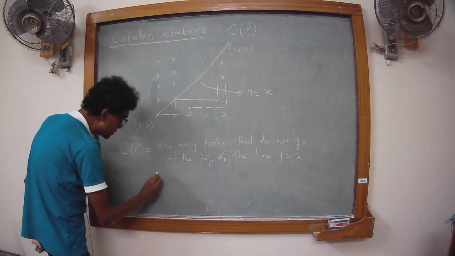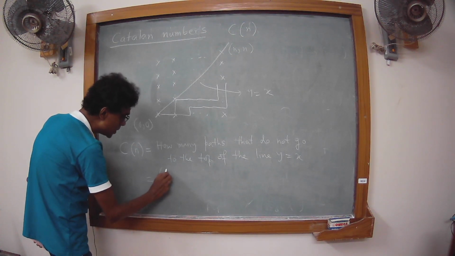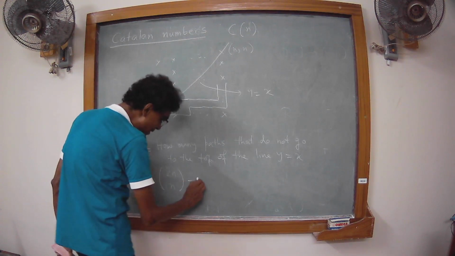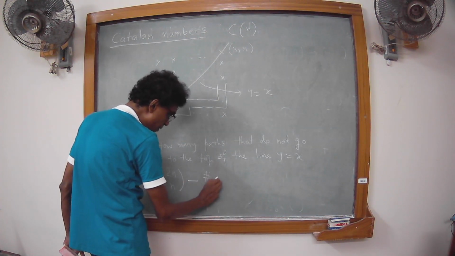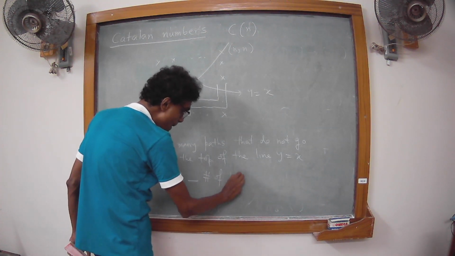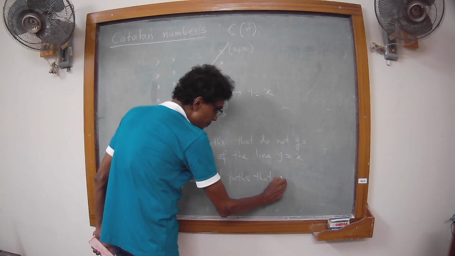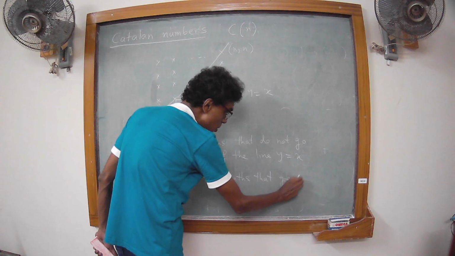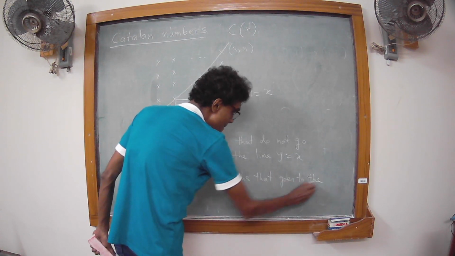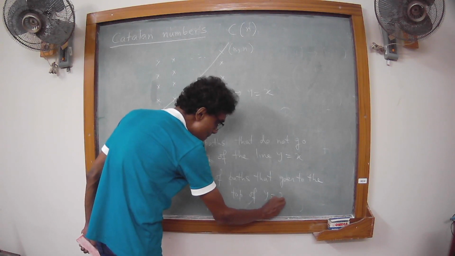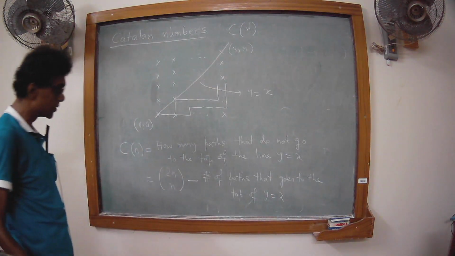This is 2n choose n, all possible paths, minus the number of paths that go to the top of the line y equal to x.